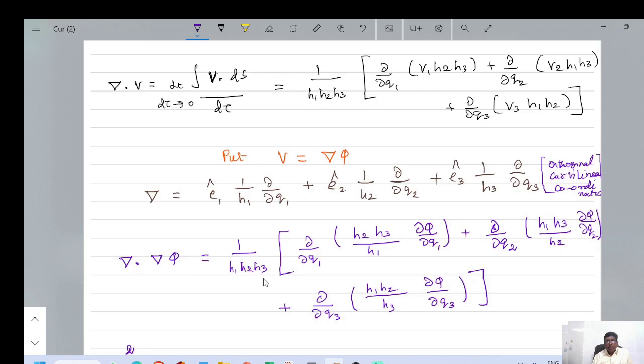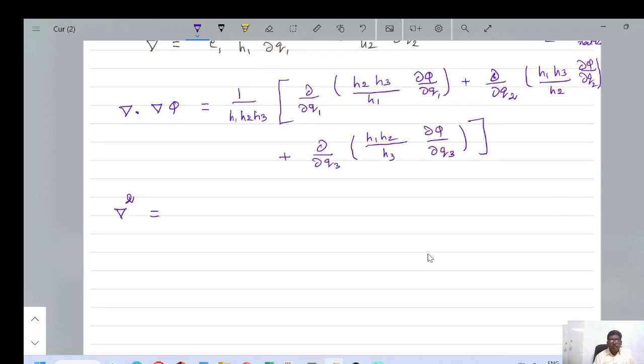Keep this 1 by h1 h2 h3 as such. Put this ∂/∂q1 as such. Then h2 h3, where v1 is replaced by grad phi. Here we have to write grad phi 1, which is e1 cap 1 by h1 into ∂/∂q1. e1 is a unit vector, so if you take the dot product, e1 dot e1 is 1. Therefore, this term is unity: ∂/∂q1 of h2 h3 divided by h1, and this ∂/∂q1 is operating on the function phi. In this way, we may get all other terms.